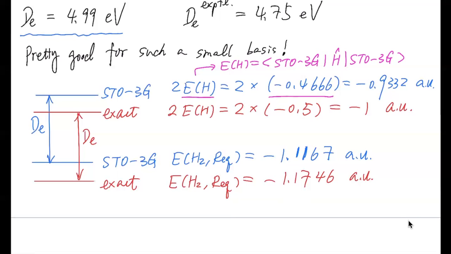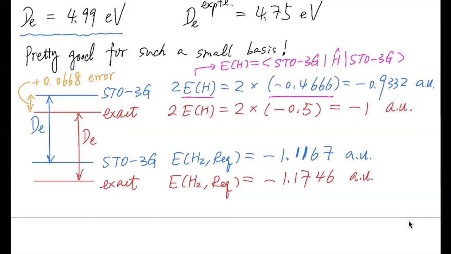If you compare the STO-3G hydrogen atom with the exact hydrogen atom, which means you're comparing these two, you will have an error of about 0.0668 atomic unit. This is the error. The energy of your calculation is too high as compared to the exact answer.